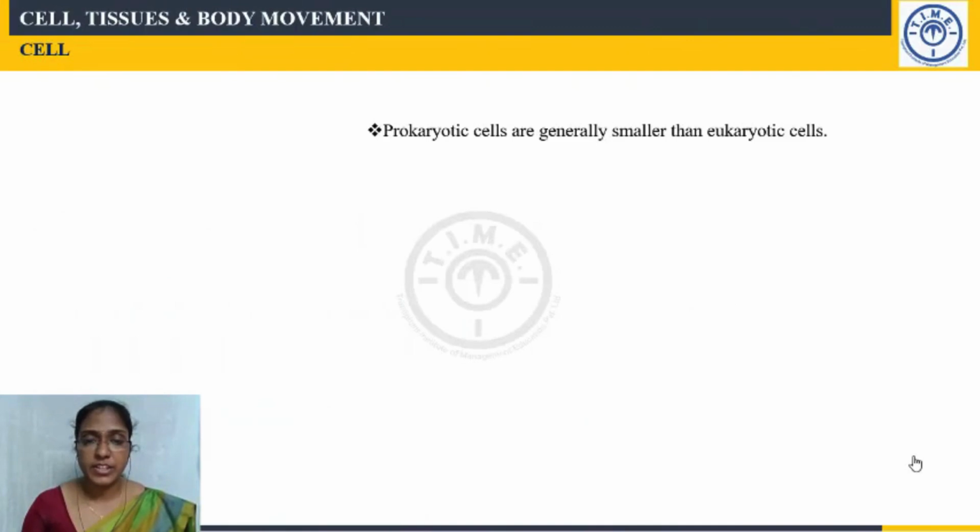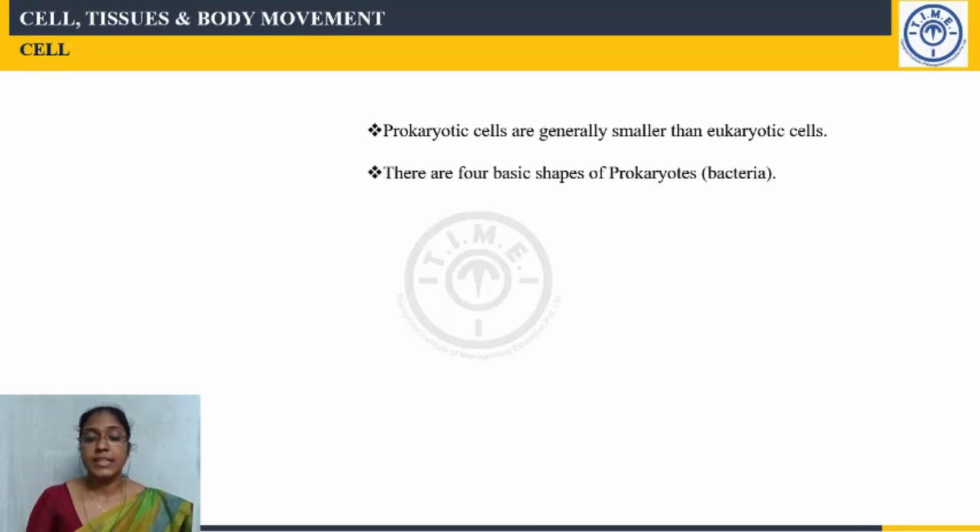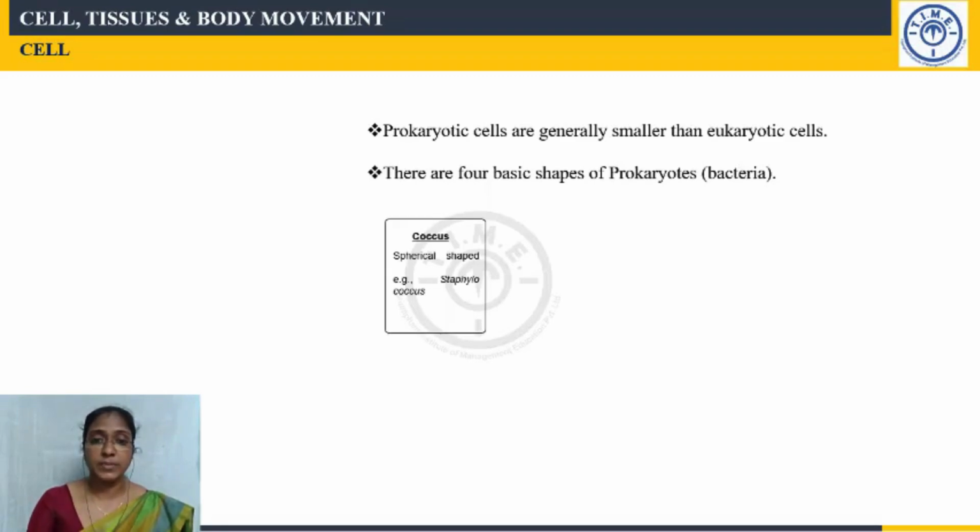Then prokaryotic cells are generally smaller than eukaryotic cells. Then there are four basic shapes for prokaryotes, for bacteria. What are they? If it is of spherical shape, it is known as coccus bacteria or cocci. Example, Staphylococcus. Then bacillus, a rod-shaped bacterium.